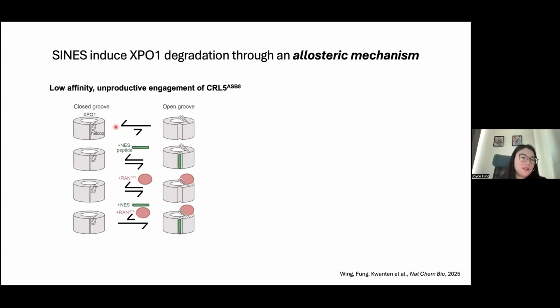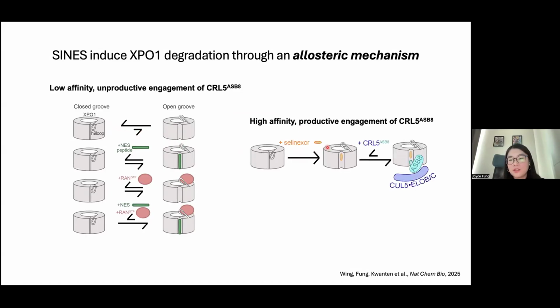So normally, without the inhibitor, there will be low affinity. And because it's low affinity, it's unproductive for downstream ubiquitination. But when the selinexor is around, it's able to conjugate covalently to the groove, keeping it open, driving the equilibrium towards the state where ASB8 can effectively engage in high affinity.